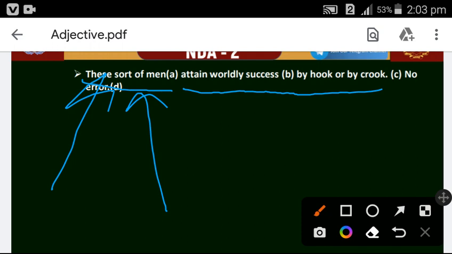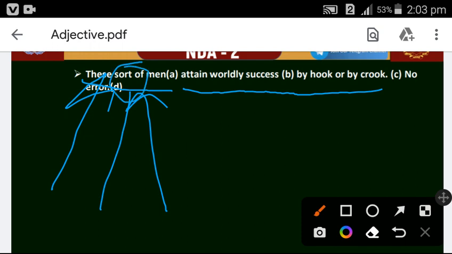According to my rule number 2, when these, those, other is used in a sentence as a demonstrative adjective, then it takes plural noun or plural verb. Then these and sort. Sort is which kind of noun? Sort is a singular noun.